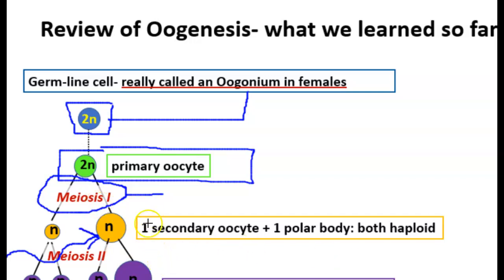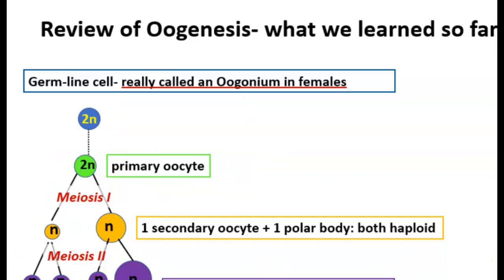So if that happens, then you get division of both a polar body and this secondary oocyte. And the products will be more polar bodies and an ovum, all of them haploid, containing half of the genetic information.